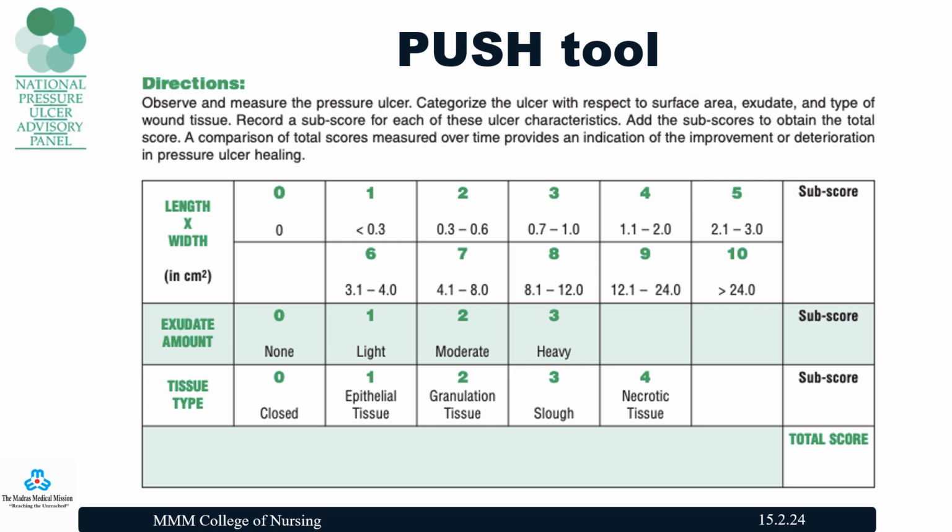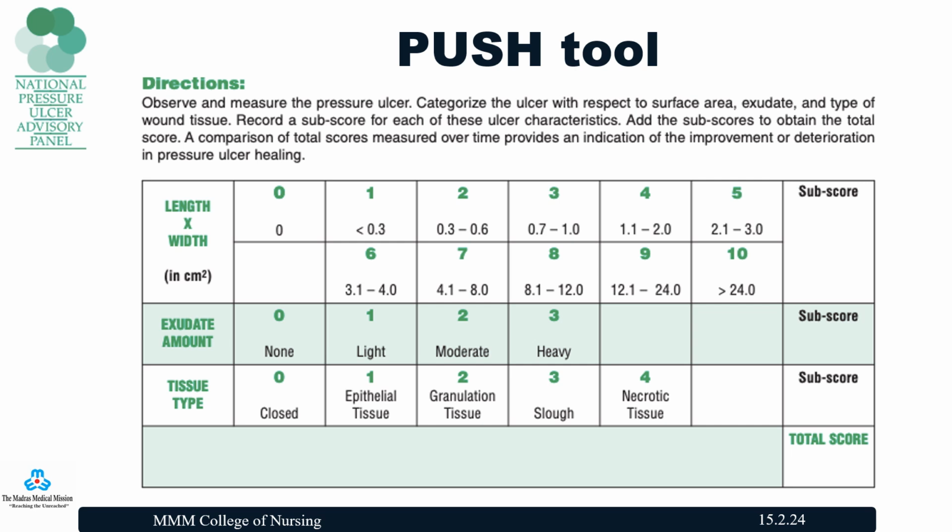First we need to assess the length and width of the injury in centimeters. If there is no injury size, that is 0, we score 0. Less than 0.3 centimeter, 1. 0.3 to 0.6 is 2. 0.7 to 1 is 3. 1.1 to 2 is 4, and 2.1 to 3 is 5, and 3.1 to 4 is 6, and 4.1 to 8 is 7, and 8.1 to 12 is 8, and 12.1 to 24 is 9.